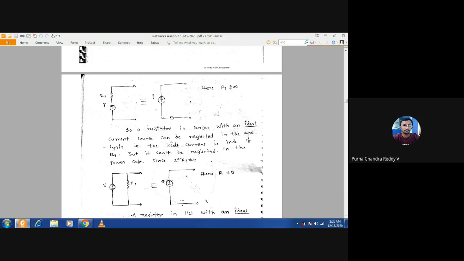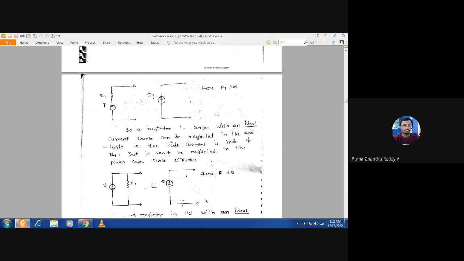So suppose I am finding the load current. Whenever you are finding load current, it will be equal to the source current. Why? Because the resistor is connected in series with the current source.